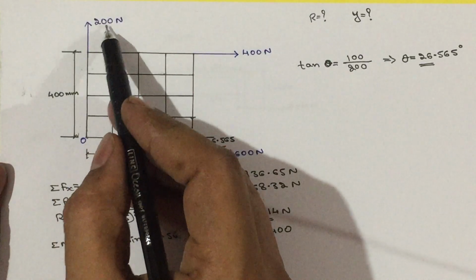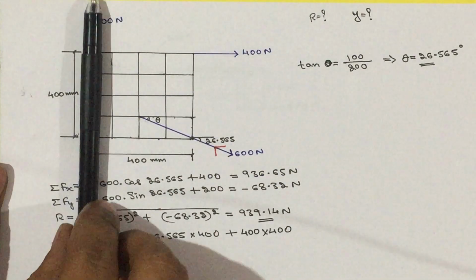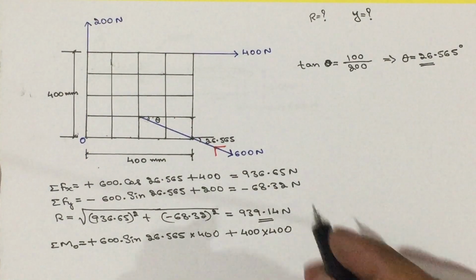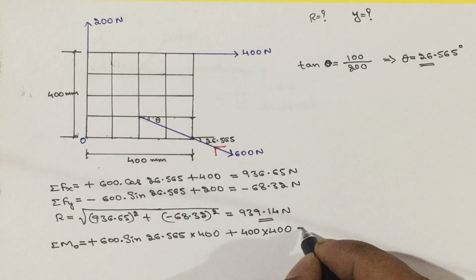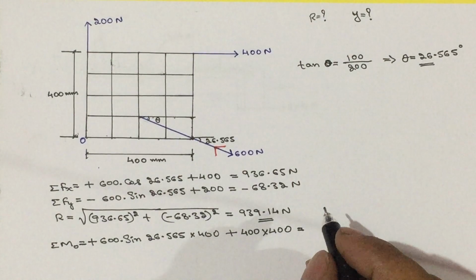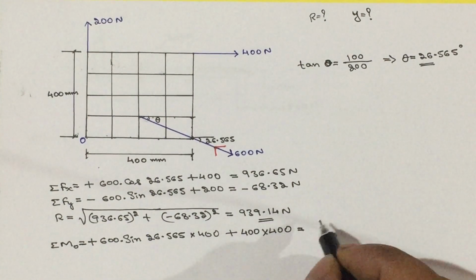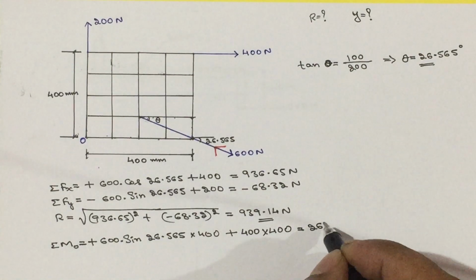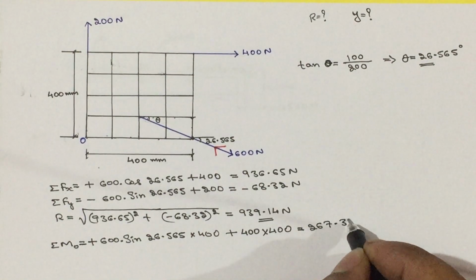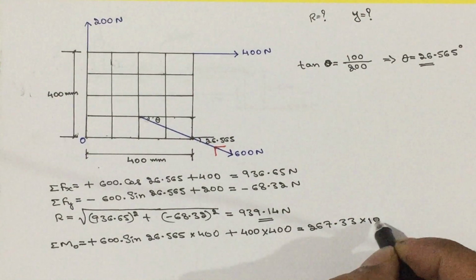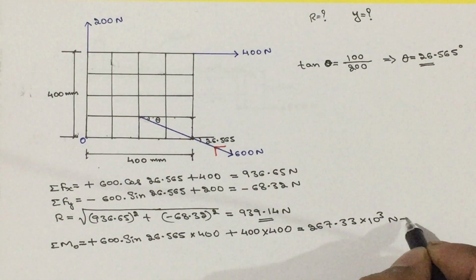Next, vertical force 200 Newton. It is passing through O point, therefore it will become 0. So if we calculate sigma m, you are going to get 267.33 into 10 power 3 Newton millimeters.